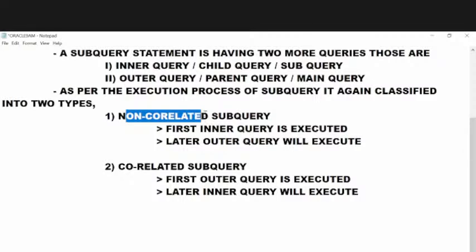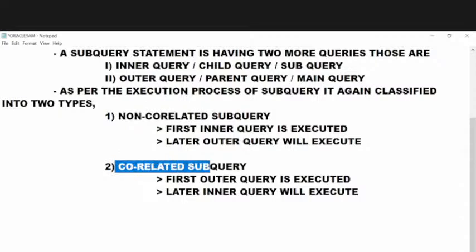Otherwise, if your requirement is not fulfilled by non-correlated, I can use correlated to fulfill my requirement. Other than these two situations, don't use correlated, because of low performance. I will explain that practically using some examples.